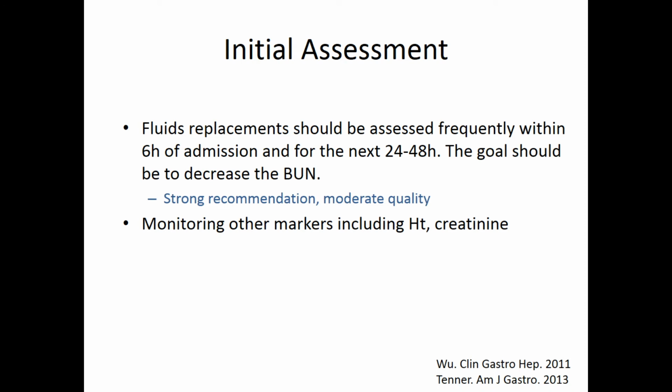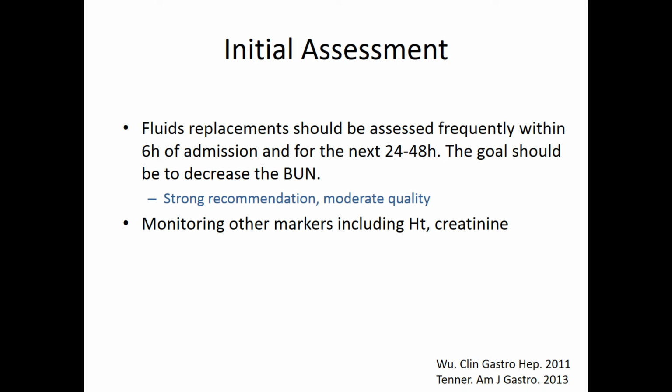You should assess your fluid replacement very regularly, at least every 6 hours for the next 1 to 2 days, and your goal will be to see the BUN decrease. You can also monitor your hematocrit and your creatinine, to make sure that you're going in the right direction. If the patient becomes more hemoconcentrated, despite hydration, you may need to increase it.